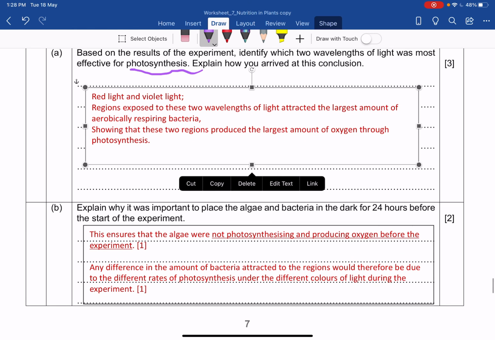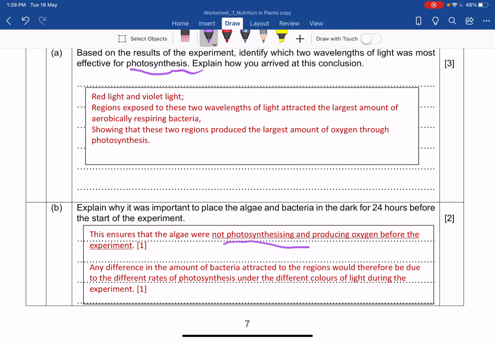You make sure that they are not photosynthesizing at all, so whatever oxygen is produced is from the experiment. The bacteria were evenly distributed, and whatever result you see is because of the different rates of photosynthesis occurring under the different wavelengths of light.